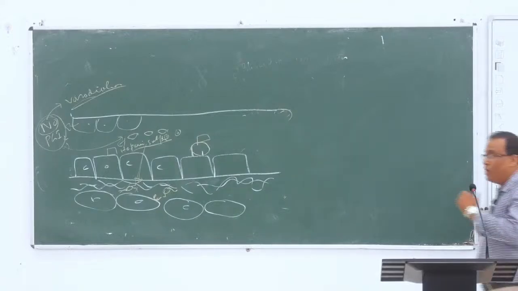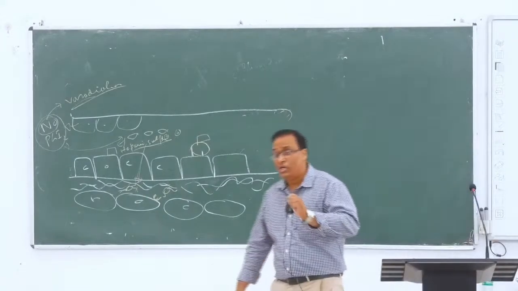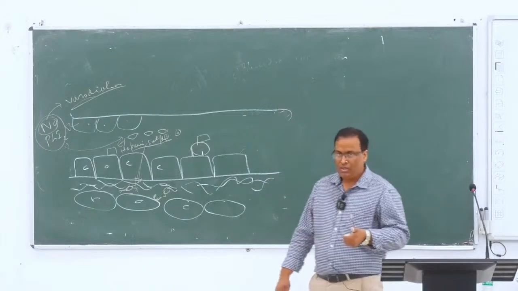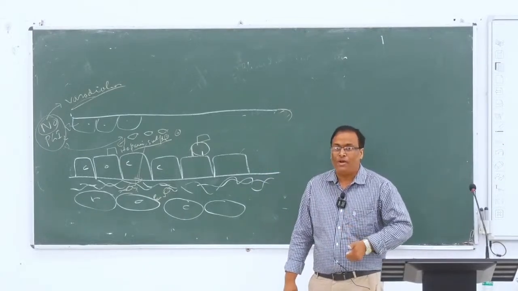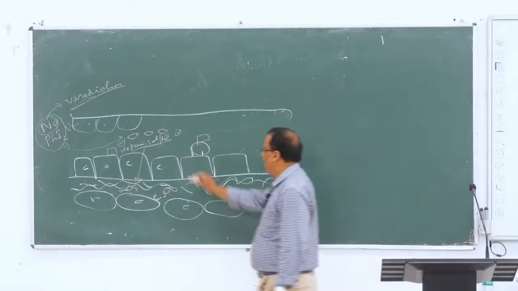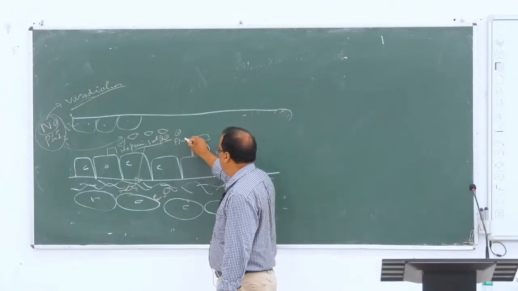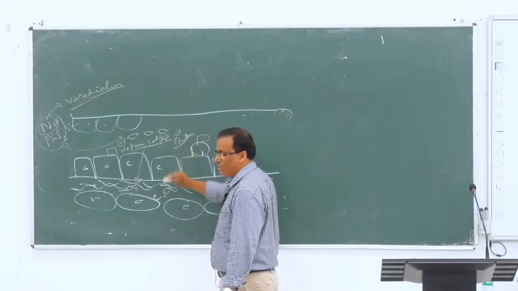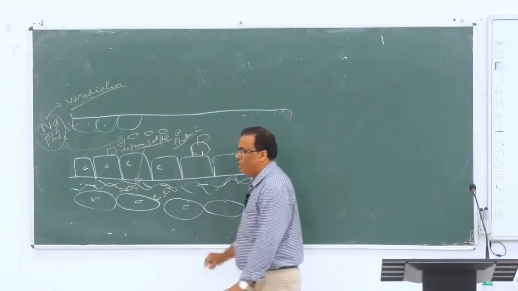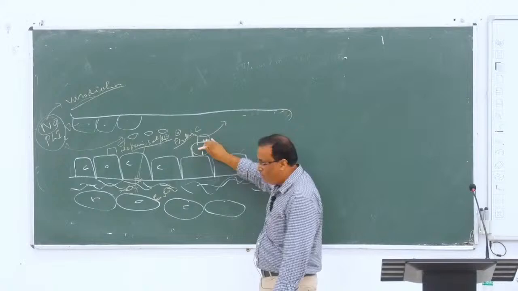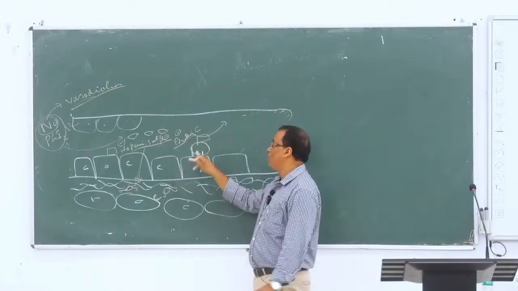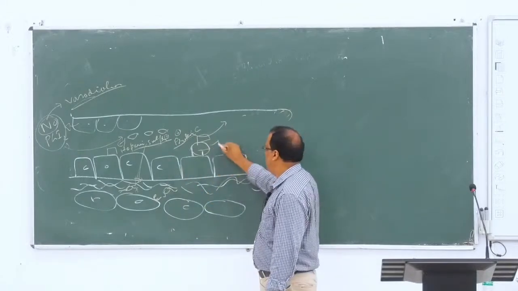But thrombomodulin, the name suggests, modulates the function of thrombin. Modulation of the function of thrombin means inactivated protein C is present already in our blood flow. Protein C. With this type of modulated thrombin connected to the thrombomodulin, what do we call this?